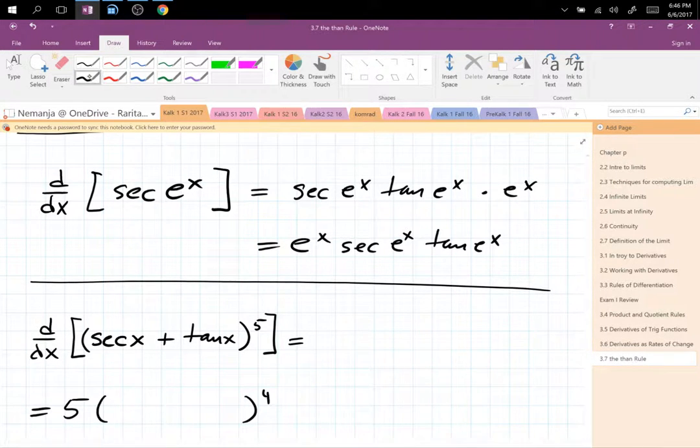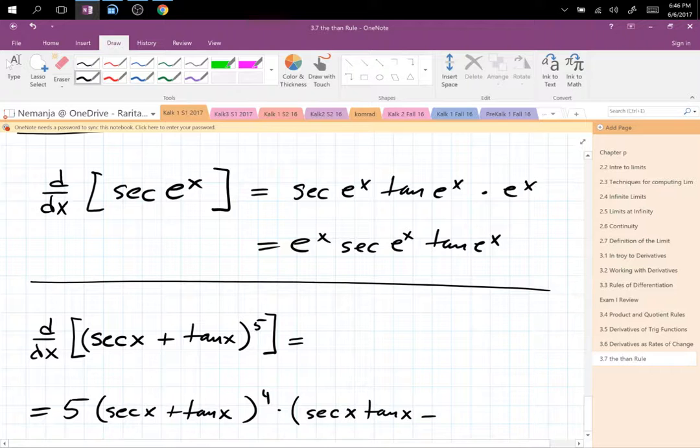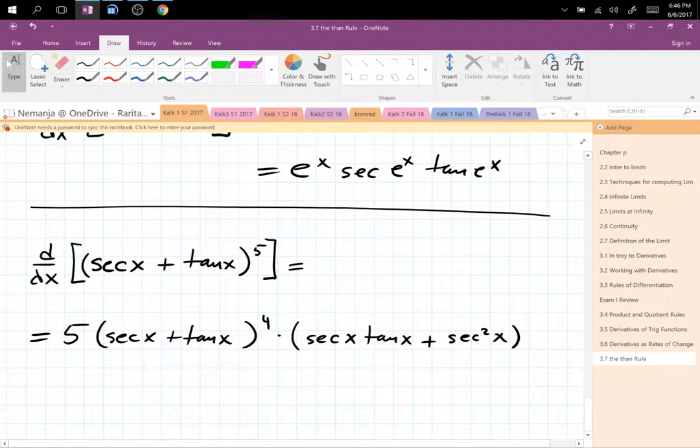So the mess is secant x plus tangent x, and then the derivative would be derivative of secant, which is secant x tangent x, plus derivative of tangent x, which is secant squared x. And now you can see that you can factor out secant.